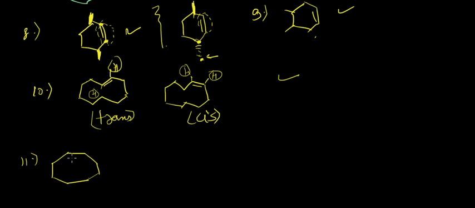Okay, so let's take the last example. This is an 8-member ring. This is not aromatic. Aromatic requires all the conjugated pi bonds to be there, the tub shaped structure. This is not it.